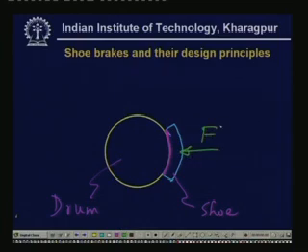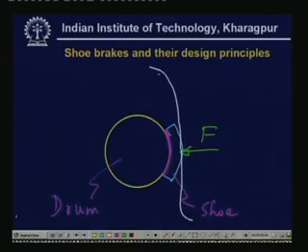Okay. Then this force is sometimes applied by means of a lever. It is not generally applied directly here, but by means of a lever. So, the lever is arranged somewhat like this.